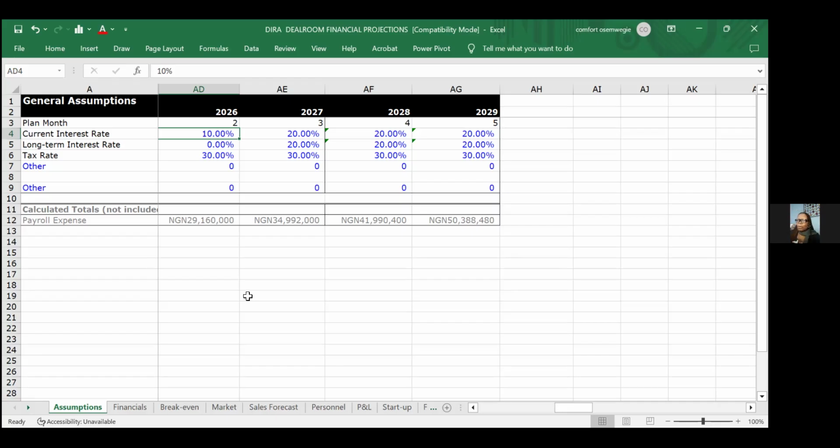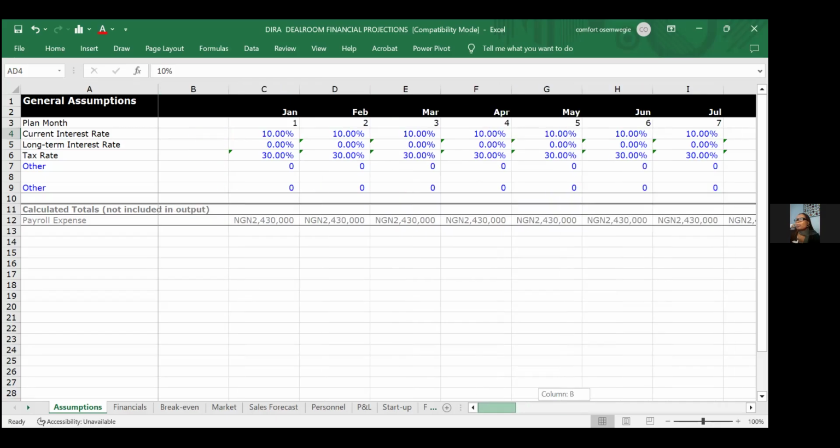Why is it like that? In 2024, you are starting lean. So rather than the 10 employees you need, you start with two employees, and we'll shoot ourselves in the foot.